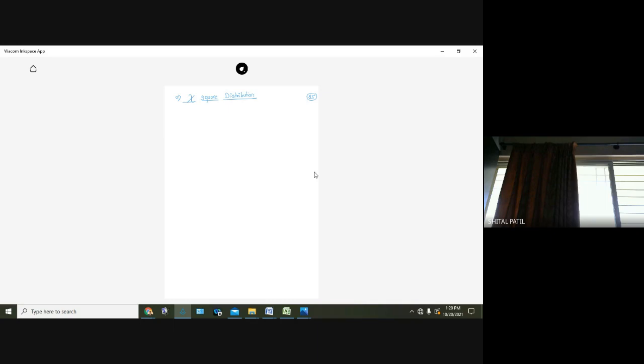It is written like this also. Chi square, but it is not chi, it is chi square. It is used for testing goodness of fit of a model.